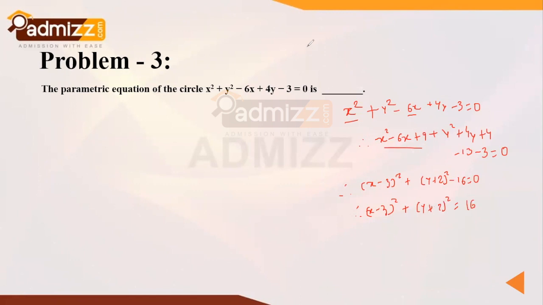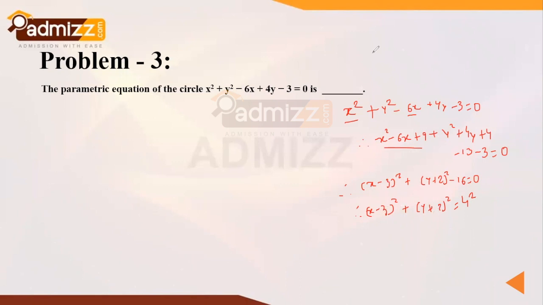Now the 16 can be rewritten as 4 square. So I'm rewriting the 16 as 4 square. Now we have the coordinates of center point as (3, -2). Make sure it is (y + 2) the whole square.